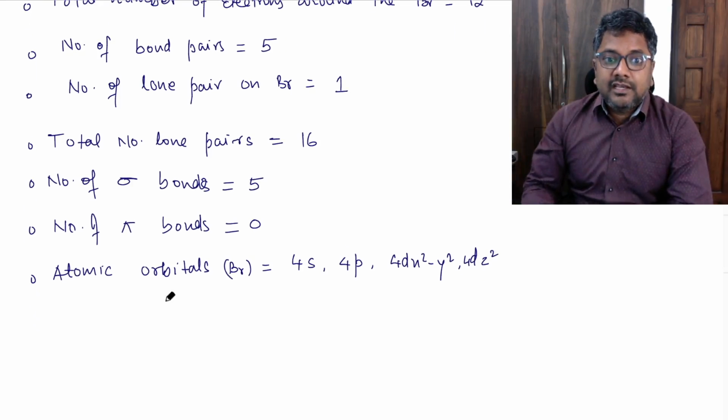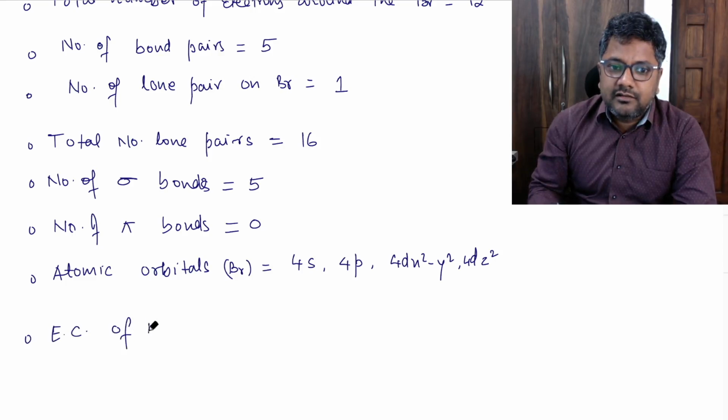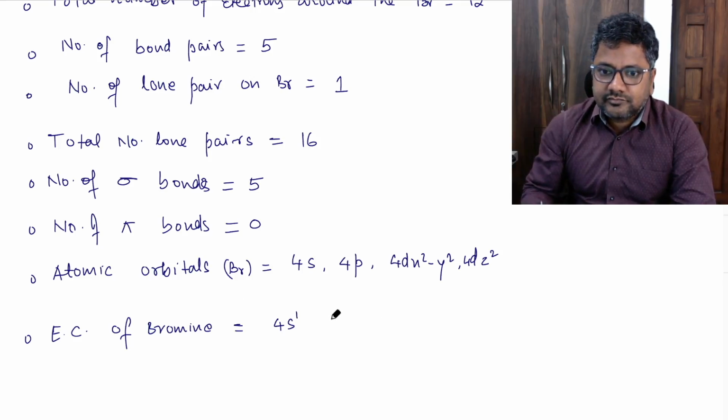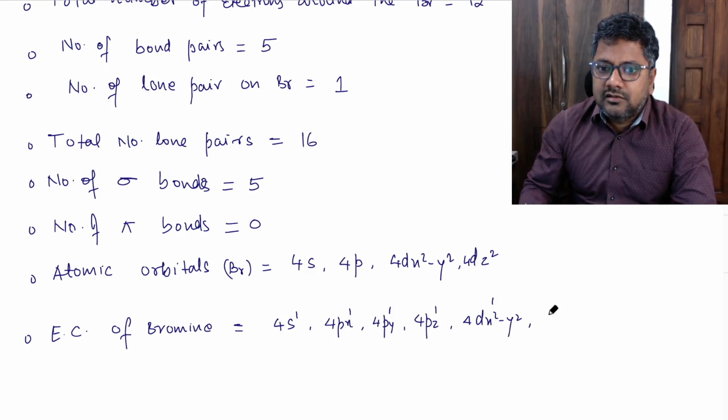Now see, what is the electronic configuration of bromine in this molecule? The electronic configuration of bromine in this molecule is 4s1, 4px1 or 4py1, 4pz1, 4dx2-y2 1, 4dz2 1.